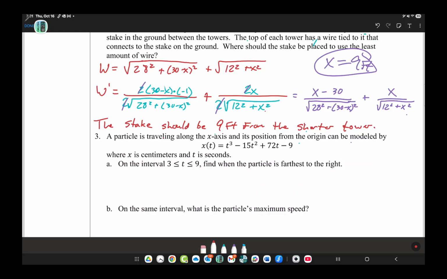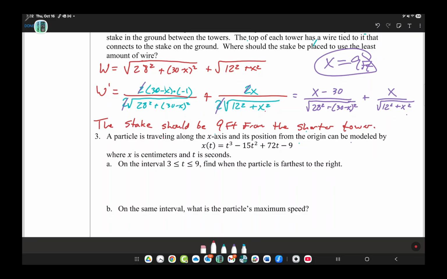So we do optimization quite a bit. One question that comes to mind quite a bit is we had this question where we run a wire parallel to a river, and when I'm above ground, when I'm parallel to the river, it costs this much to run this wire.